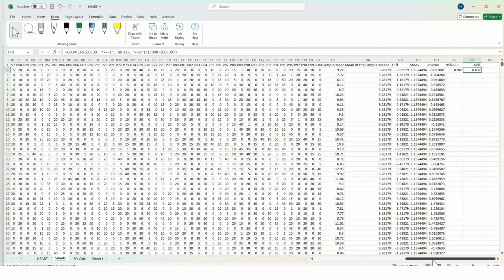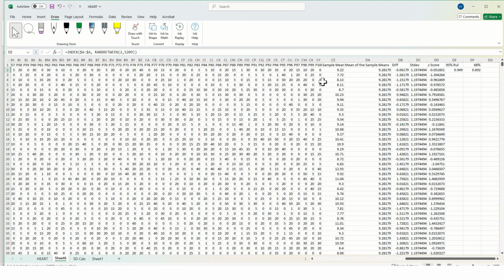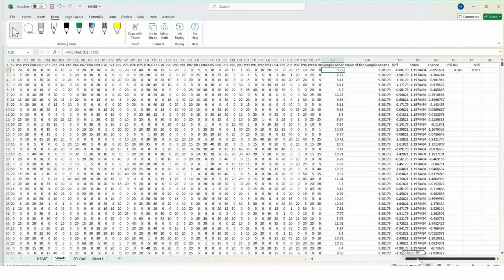Means of the sample means are normally distributed. Still, 95% of these values are within 2 standard deviations, and almost 68% are within 1 standard deviation. So the message here is that whenever you take a large enough sample, normally 30 or more, the sample mean will be within 2 standard deviations in 95% of cases.